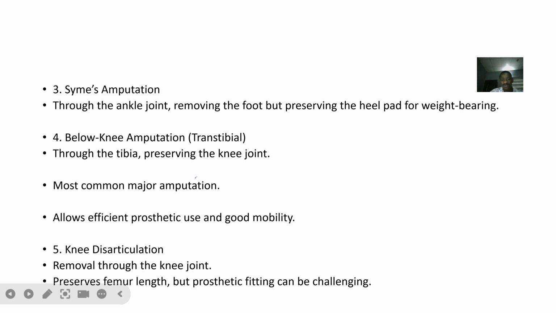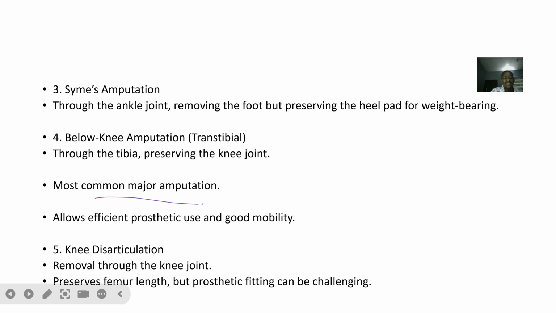So through the tibia, preserving the knee joint, I'm not touching the knee joint. The knee joint is preserved. Now the knee joint is so powerful. For somebody whose knee joint is preserved and someone who was cut and doesn't have a knee joint, there are so many differences. But the transtibial amputation is actually one of the most common amputations worldwide.